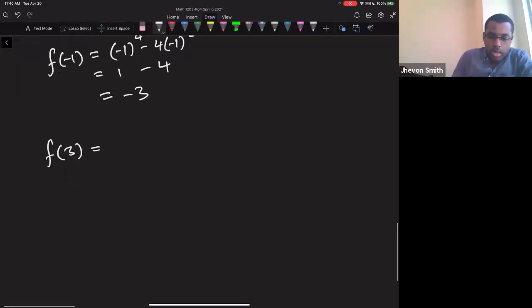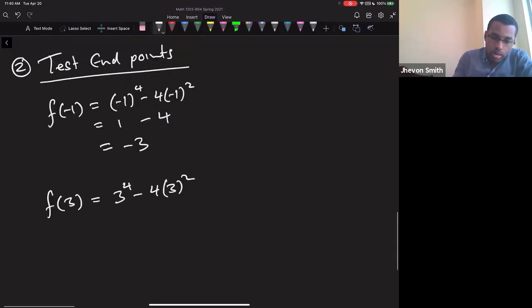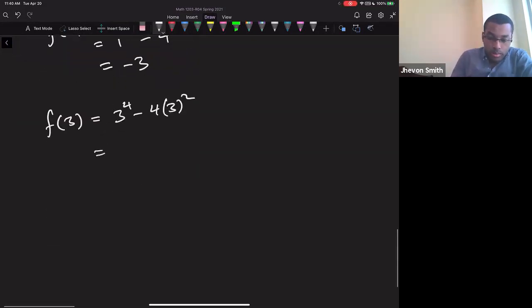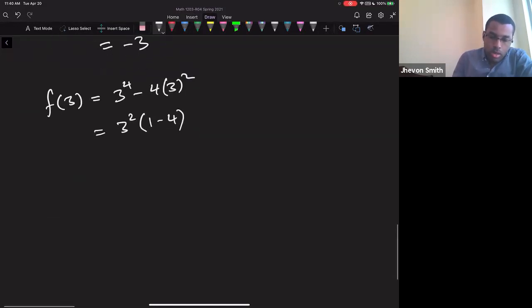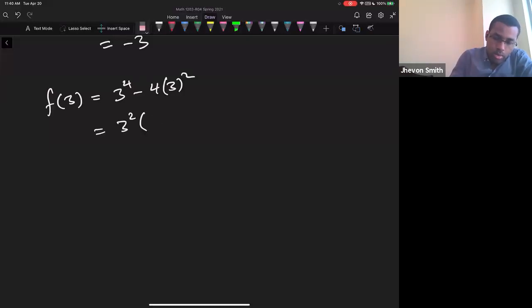And then f of 3 is going to be 3 to the 4th minus 4 times 3 squared. If I factor out a 3 squared, I would end up with 3 squared times 9 minus 4. 3 squared times 5, that's 9 times 5, which is 45.